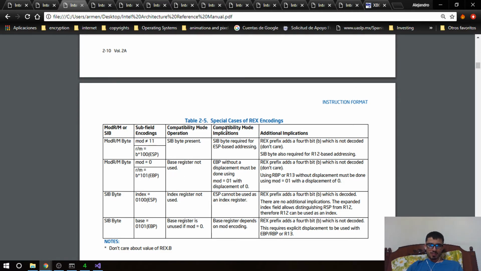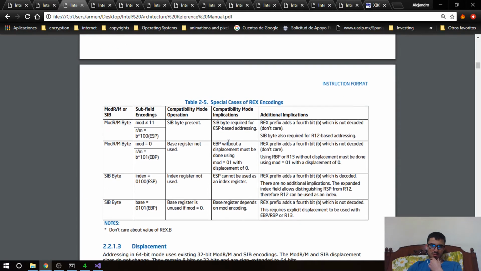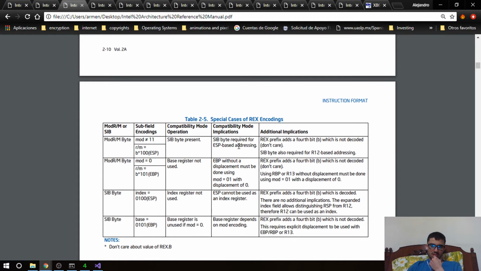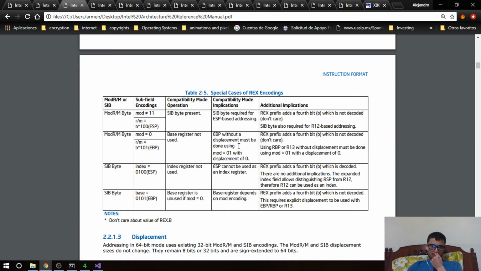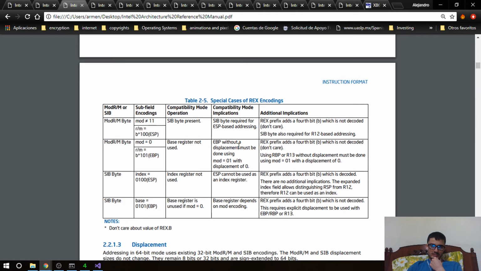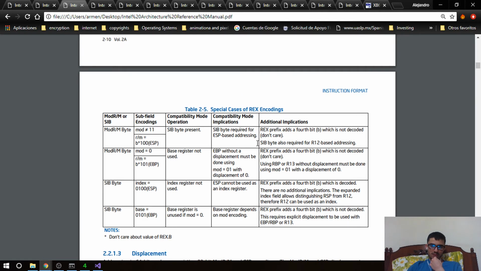The compatibility mode implication is that SIB is required for ESP based addressing. REX prefix adds a 4-bit which is not decoded in that case.